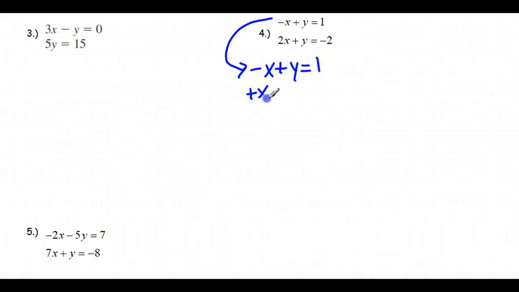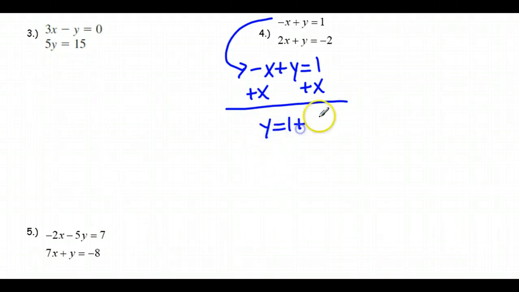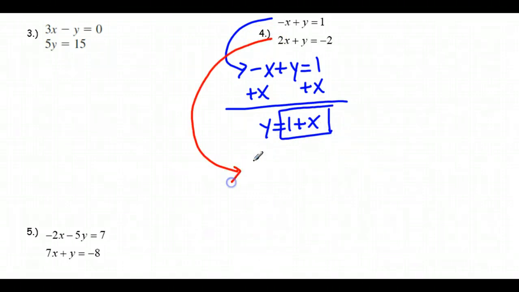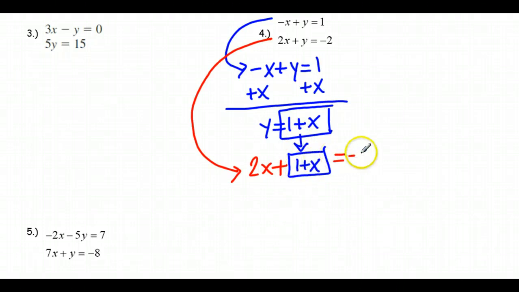So we add x to both sides, and we get y equals 1 plus x. Now that I know that the value of y is 1 plus x, I can take that value in the other equation. So we have 2x plus y. That's where our brick comes down, which is 1 plus x, and then that equals negative 2.